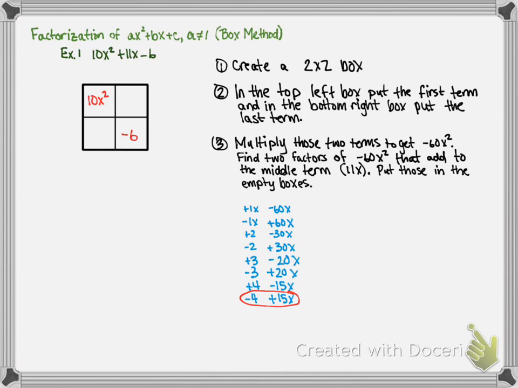And this is going to be the pair that adds up to our positive 11x. So I have negative 4x, positive 15x.